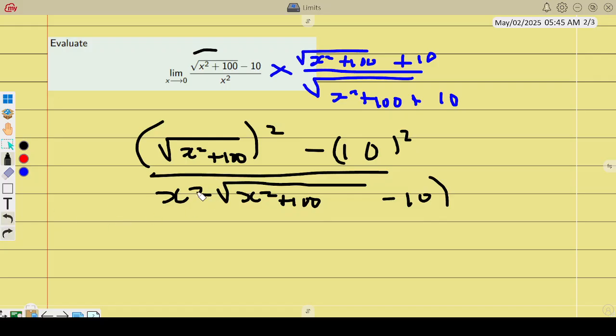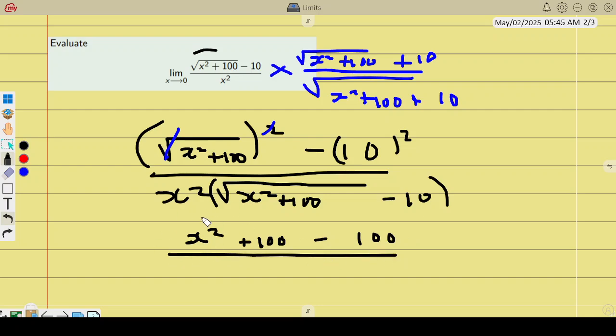Yeah, and then from here we just simplify. We can see that this square and the 2 will cancel. We're going to remain with x squared plus 100, and then we have a minus 10 squared, it's 100, over. Here we'll leave it first like that. We're going to see how things will cancel, if at all.